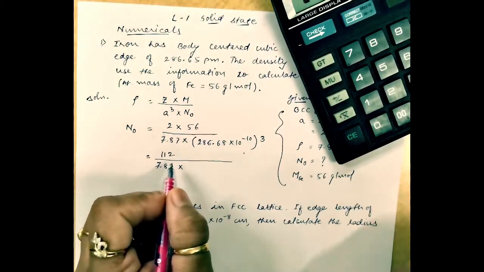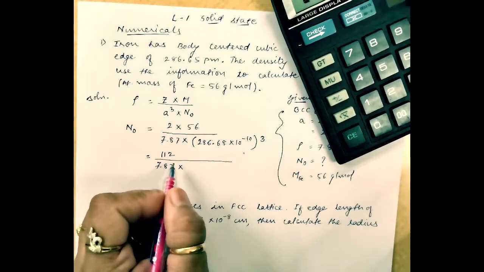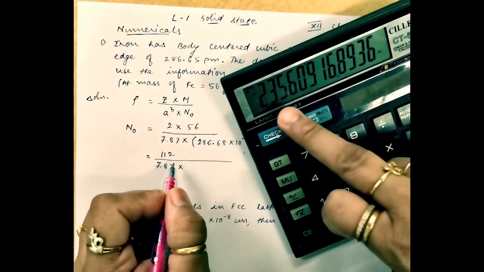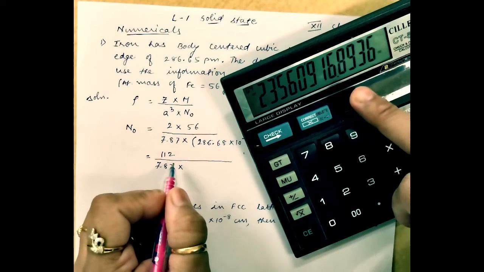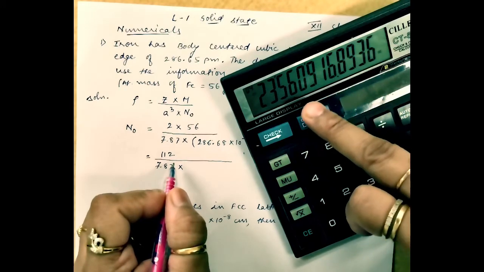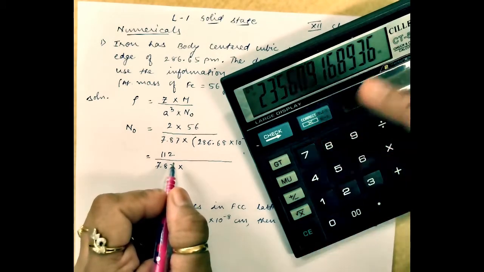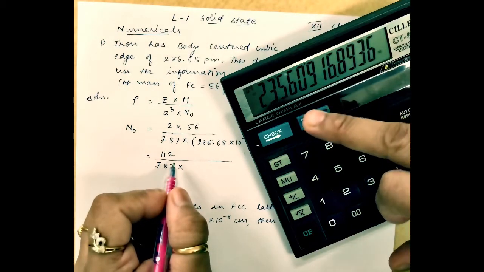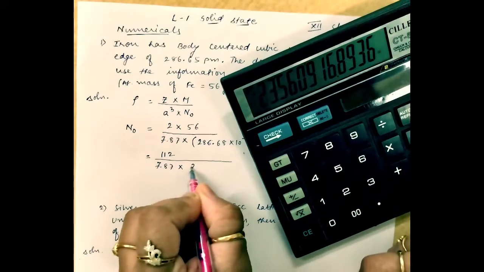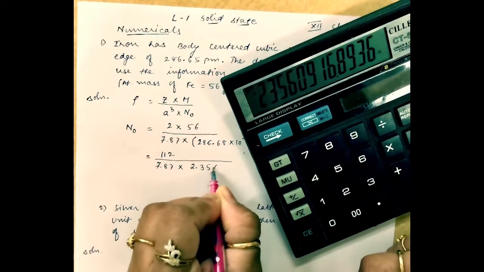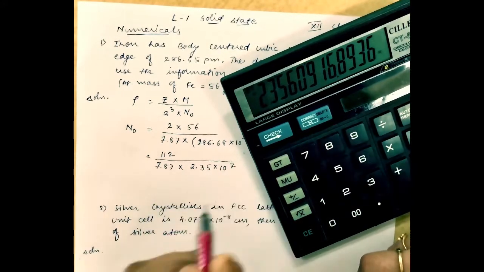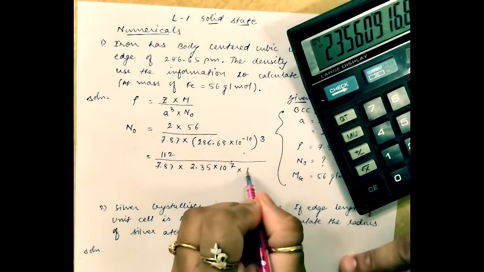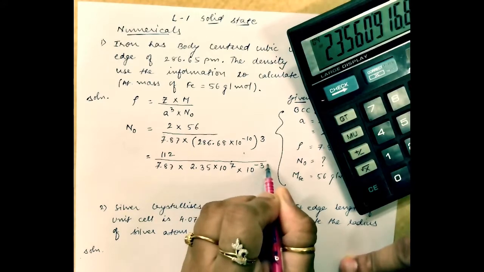That comes out to be 23560,916. I am shifting the decimal point towards the left by 7 places, so it comes out to be 2.35 into 10 to the power of 7. And this 10 to the power of minus 10 into 3 comes out to be 10 to the power of minus 30.